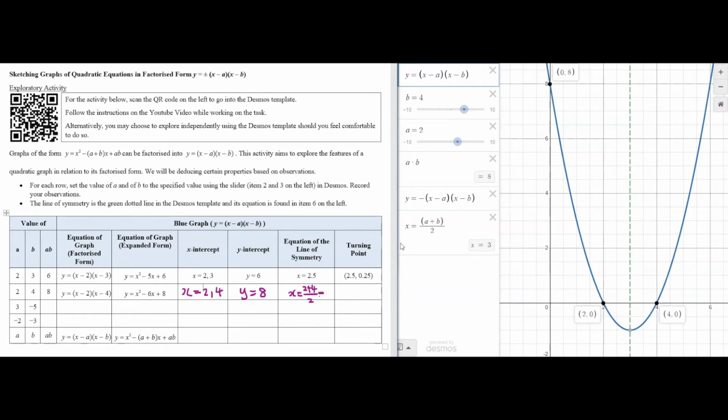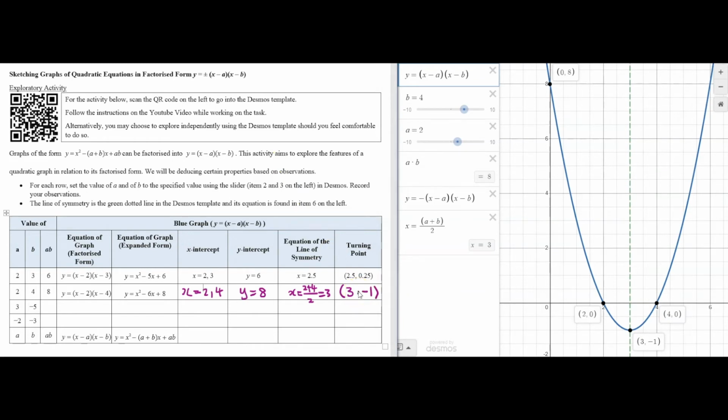The turning point will have an x coordinate of 3. If I substitute x equals 3 into the equation, I get y equals -1, which you can verify on your own.